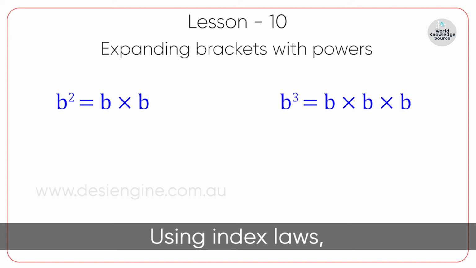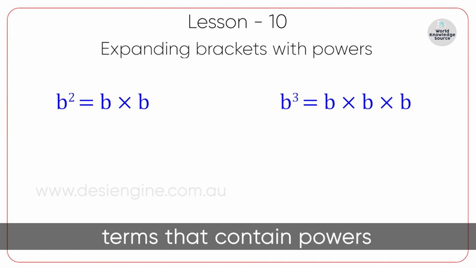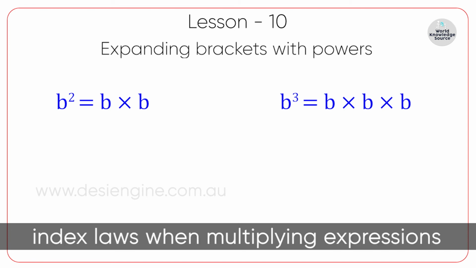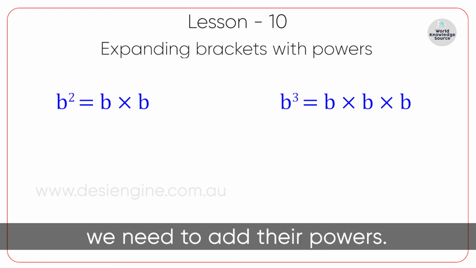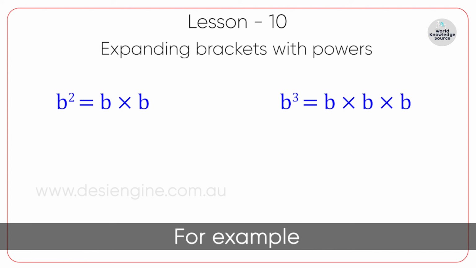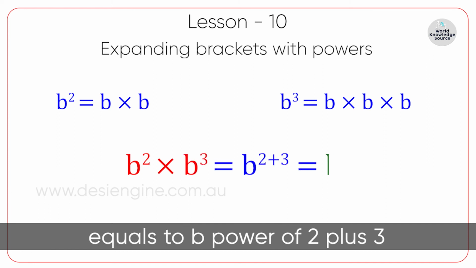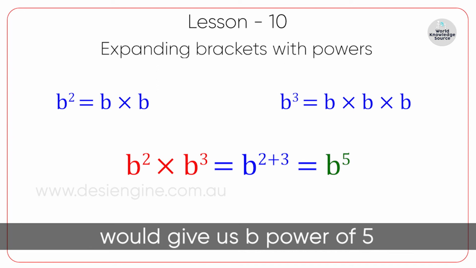Using index laws, terms that contain powers can be simplified. Remember to use index laws: when multiplying expressions that contain powers, we need to add their powers. For example, b power of 2 times b power of 3 equals b power of 2 plus 3, which gives us b power of 5.